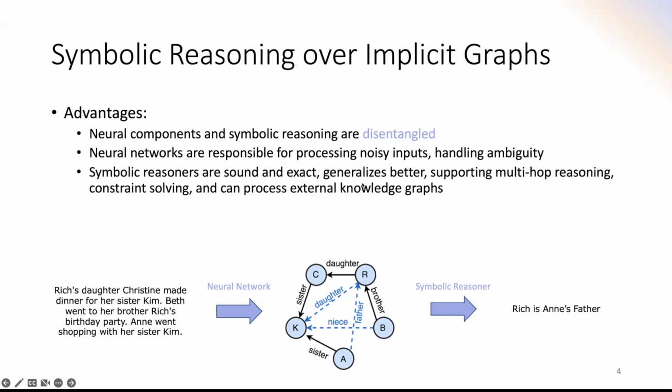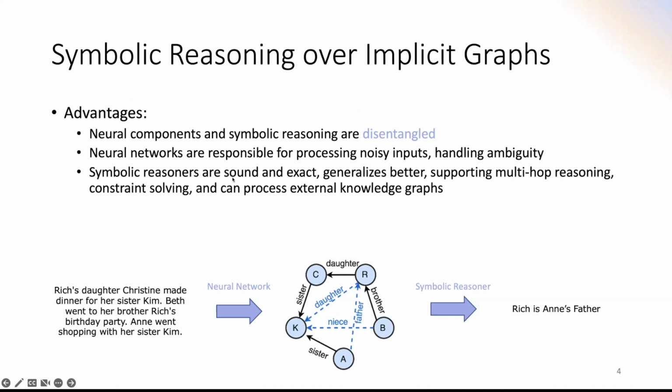Now, there are a bunch of advantages to this kind of discrete symbolic reasoning. Neural components and symbolic reasoning are disentangled, right? We now have separated responsibilities. Neural networks are solely responsible for processing noisy inputs, handling ambiguities and such to produce this structured input.